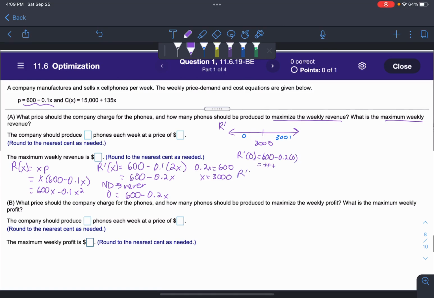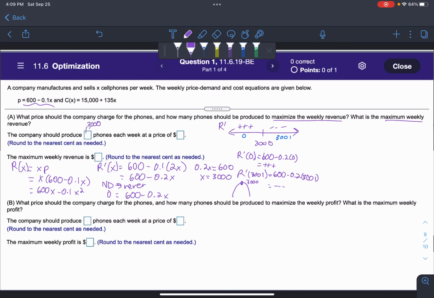And then R prime of 3,001, you can use a calculator for this, it's okay, will give me about negative 0.2, but again, it will be a negative number. You're really only focusing on the sign here. So that means around 3,000, we're increasing before, decreasing after. So 3,000 is a maxima. So 3,000 is the number of phones that we produce.